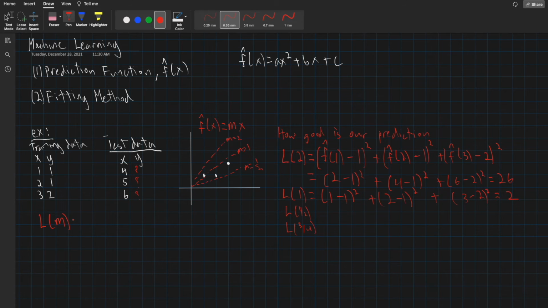So now we can write a general expression for our loss as a function of our slope. So L of m is equal to f hat of 1 minus 1 squared plus f hat of 2 minus 1 squared plus f hat of 3 minus 2 squared.